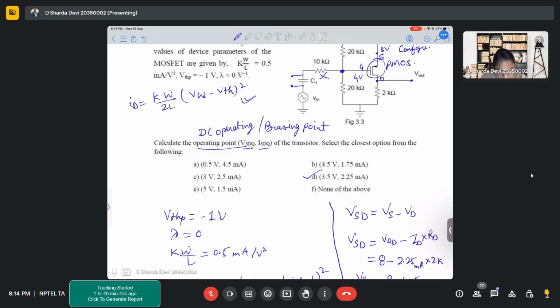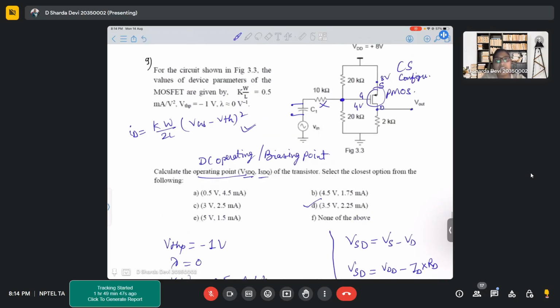See, first things first, the biasing point is to set your transistor to your desired region of operation. Say you want to operate your transistor in linear region, so you will fix your biasing such that your transistor operates in linear region. If you want to use your transistor in saturation region, you will bias your transistor such that it is in saturation region.